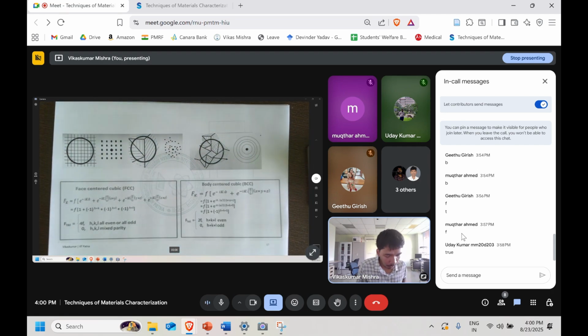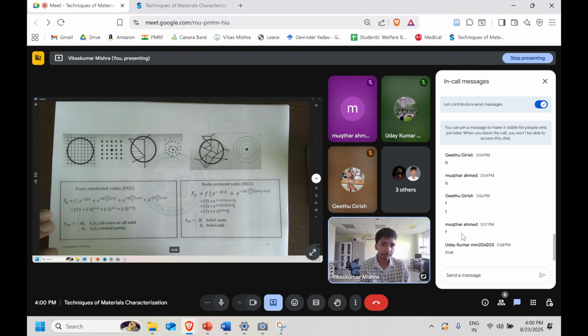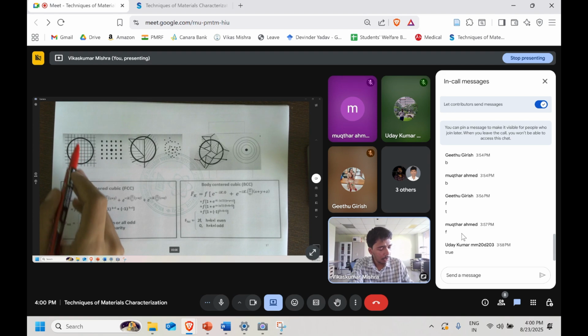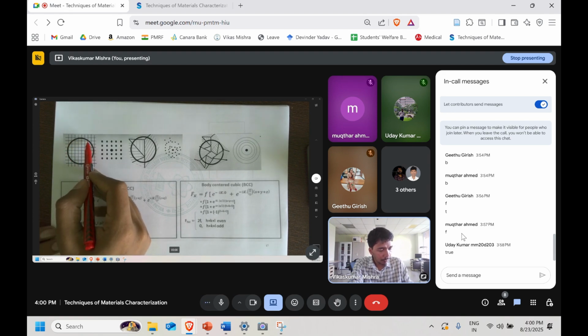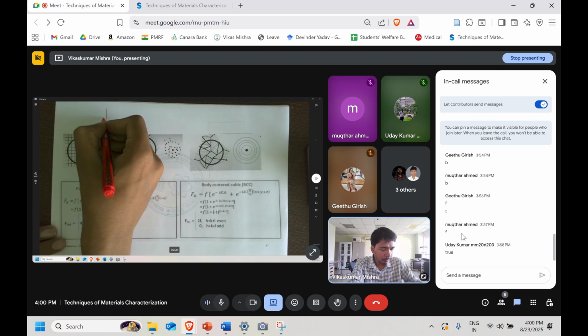The concept is again more or less the same thing; now we are talking about the selected area diffraction pattern. Let's say you have not inserted the SAD aperture. You are getting the entire pattern from wherever the illumination is happening, wherever you are putting your electron beam onto the specimen.